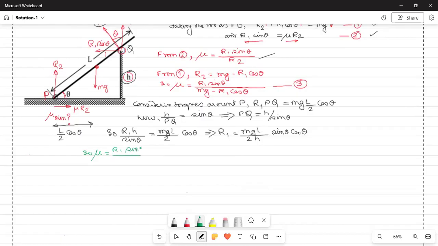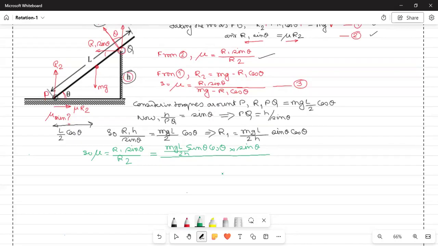Now the R1 value we have got here, so this becomes mgL by 2H sin theta cos theta, multiplied by another sin theta, and the whole thing divided by R2.